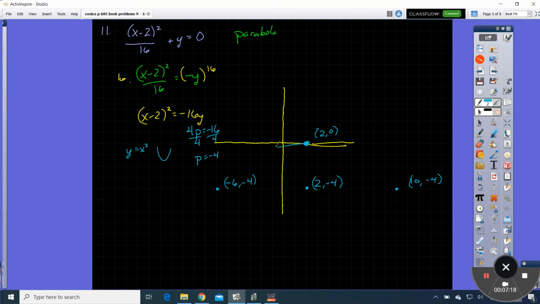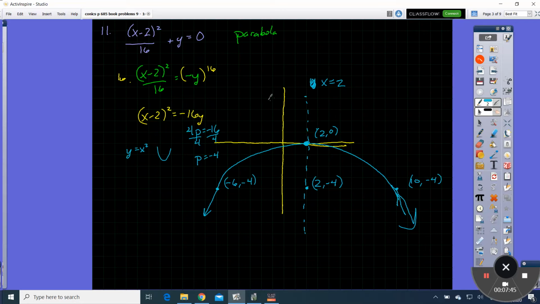So I know my parabola looks something like this. Yeah, like that. Generally like that. So focus. This is the axis of symmetry. So this is x equals 2.